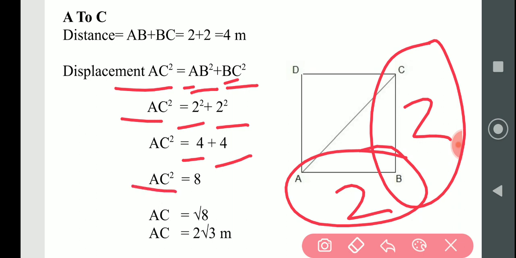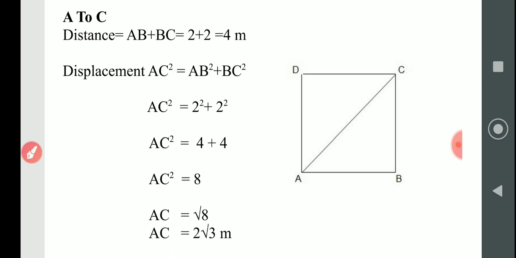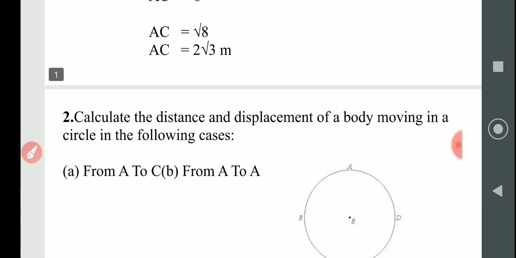So AC square is equal to 8, and AC is equal to under root of 8, which can be written as 2 root 2. So the displacement between A to C is given by 2 root 2. I think it is clear for you. Let's discuss the next question.